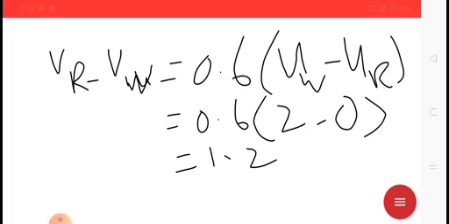So VR minus VW equals 1.2. This is the first equation.